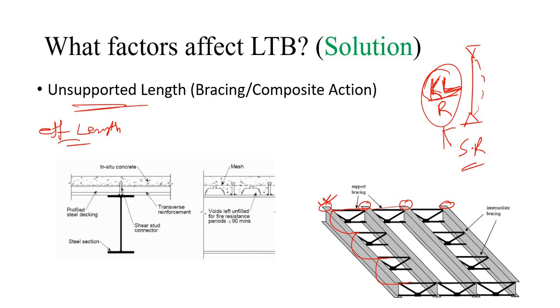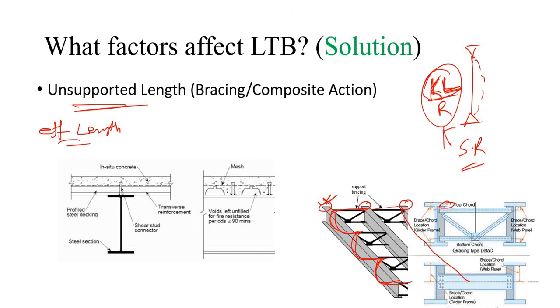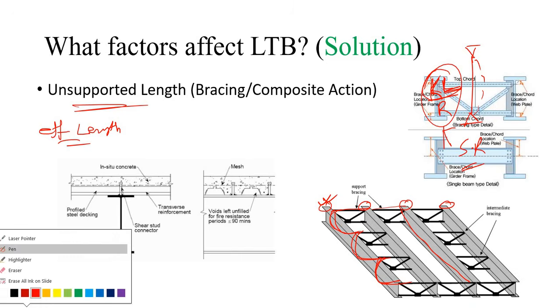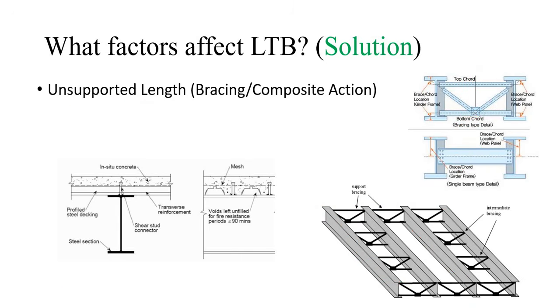Initially this was the complete length, but now through bracing action we have reduced it. If you want to know more about the bracing effect, you can go to the playlist. There are lots of videos related to these bracings.